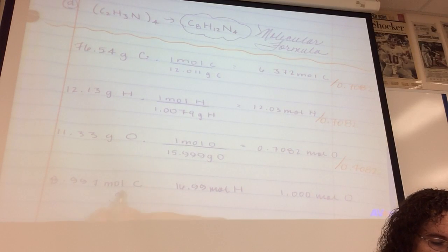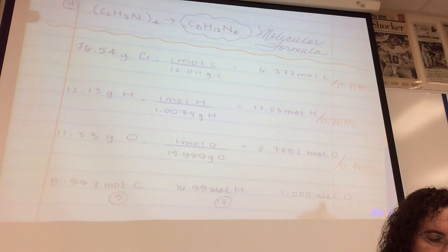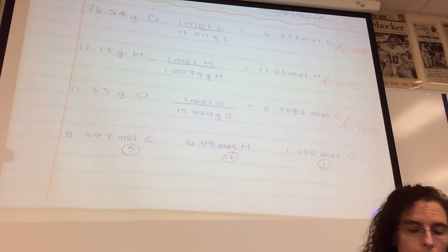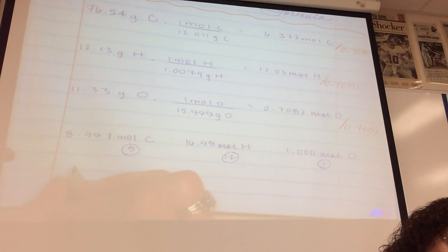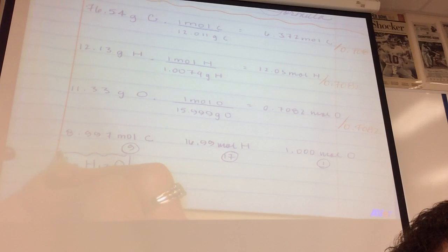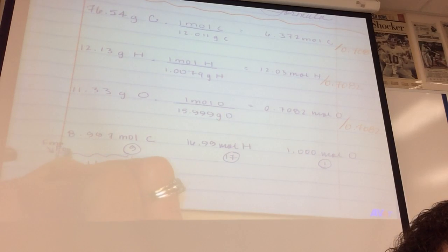So this would be 9 moles of carbon, 17 moles of hydrogen, 1 mole of oxygen, and my empirical formula is C9H17O. That's my empirical formula. All of that is step A.